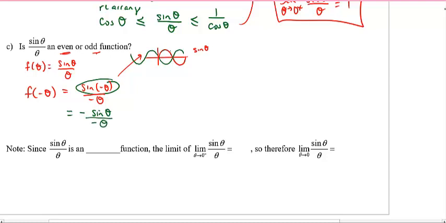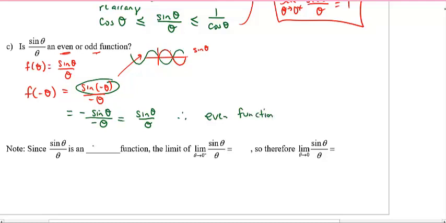So, we get this. Those two negative signs then cancel each other out, and you get this. And that is exactly the same as above. So therefore, this is an even function.